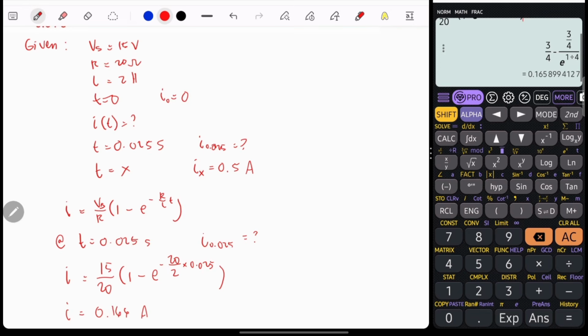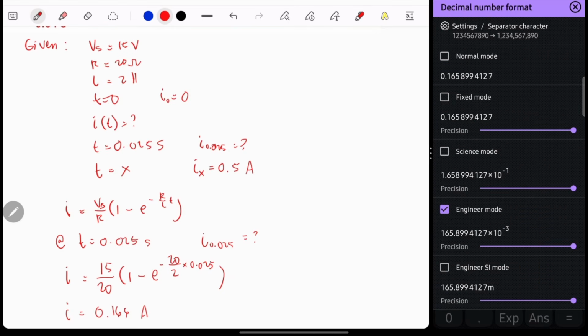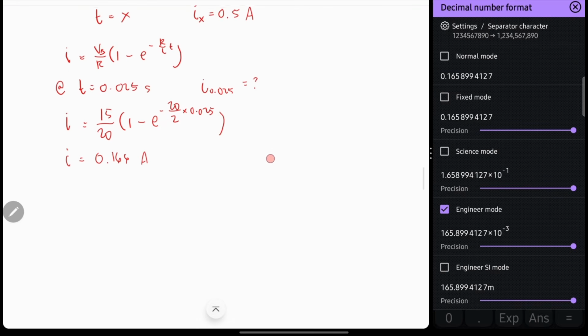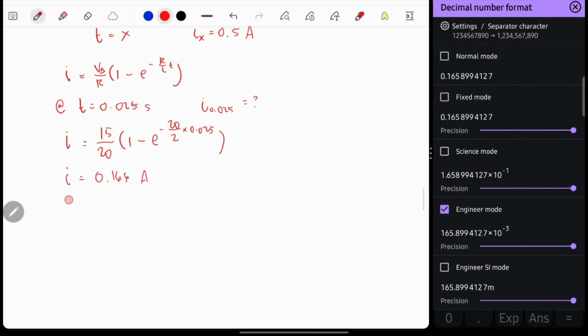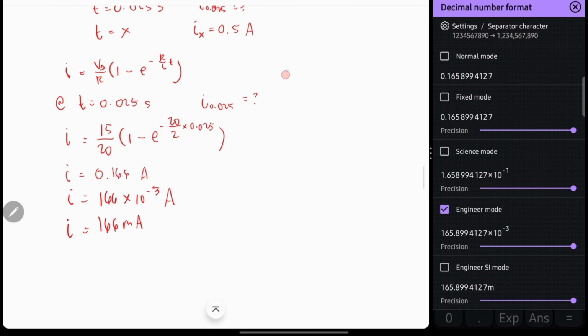Using engineering mode, 166 times 10 to the negative 3 is milli, so 166 times 10 to the negative 3 amperes, or this one is equivalent to milliamperes.